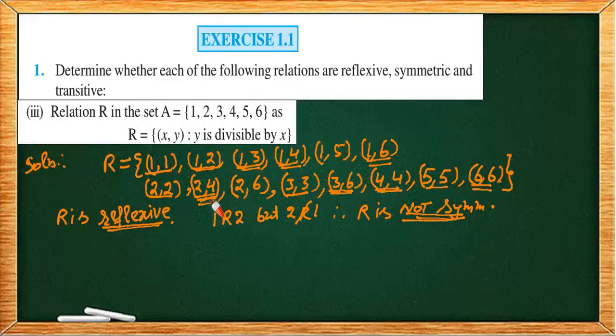Then again 2 related to 4. Similarly, you can see here 1 related to 1 and 1 further related to 2. Then (1,2) is there. Okay, so R is transitive. Therefore, R is transitive. This relation is transitive.